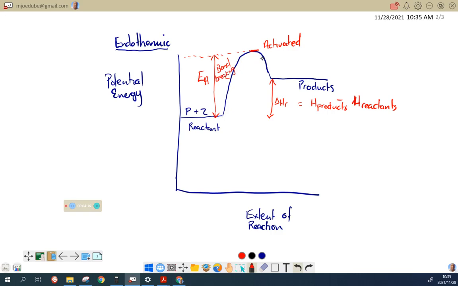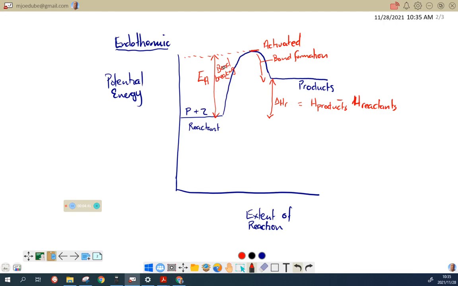The other process, from here to where the products are, is a bond forming step. During bond formation, energy is being released to the surroundings, and during bond breaking, energy is being absorbed from the surroundings.